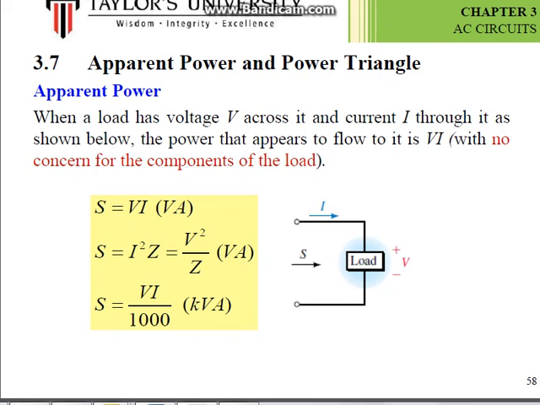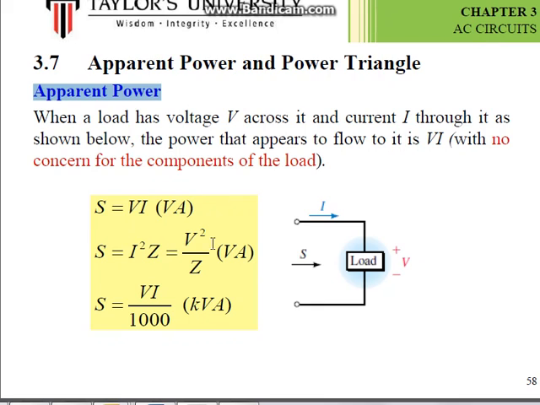Apparent power. So we're going to look at apparent power. Apparent power is basically just denoted by S. Alright, S equals VI. But apparent power is when you actually take into consideration both the resistive and the capacitance and inductance.